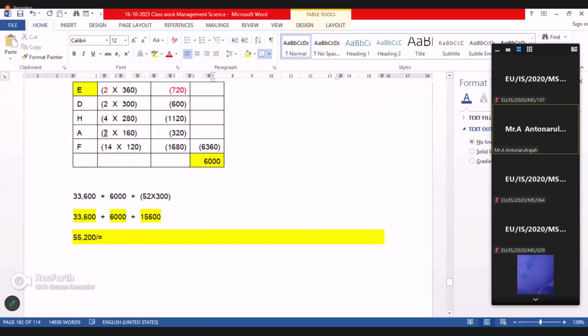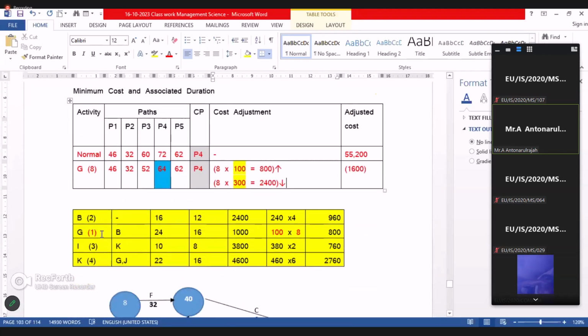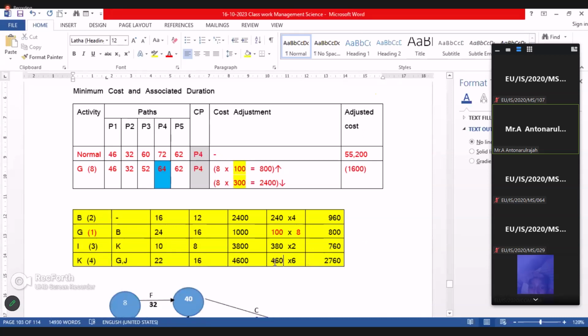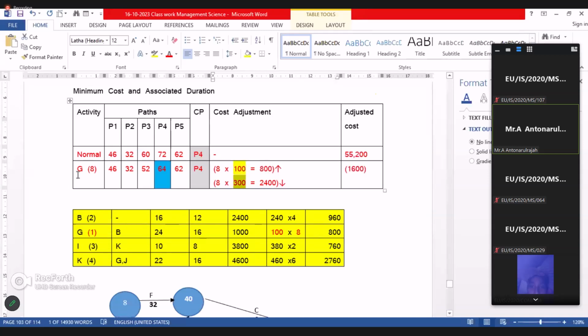That's why in critical activity adjustment we have to consider the lowest one first. If I take 460, the cost will not reduce, because the bargaining point of 300 is a fixed point. Within that range we can adjust. So that's why I consider G as the first priority.